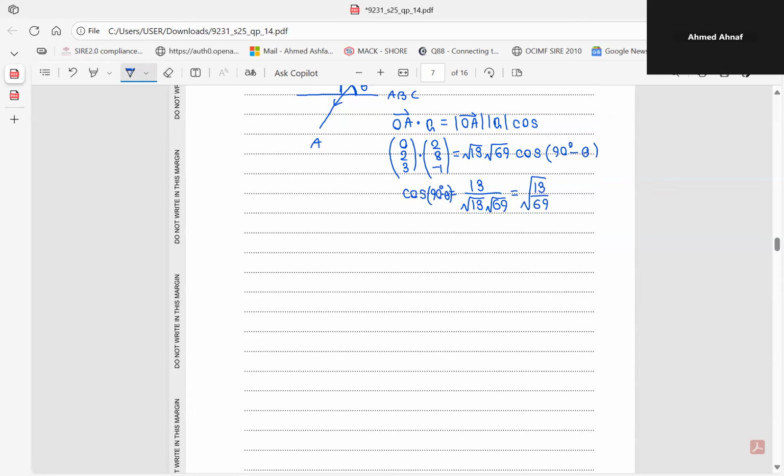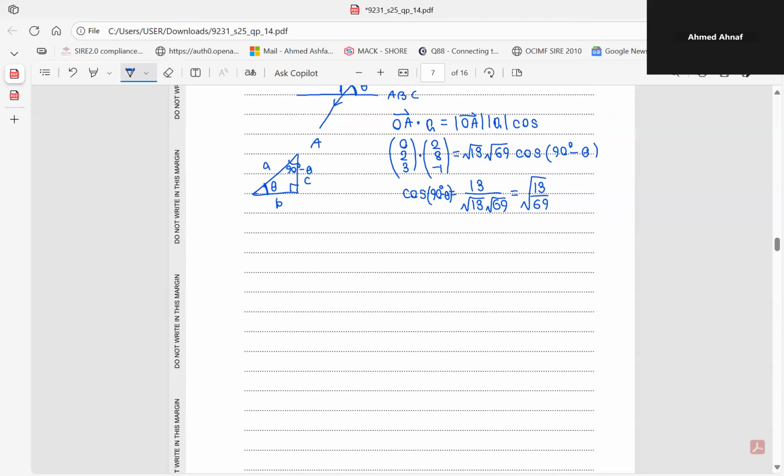Now let's make use of one property, called the complementary angle property. So let this be theta, and then this would obviously be 90 minus theta because it's a right angle. We'll let this be ABC.